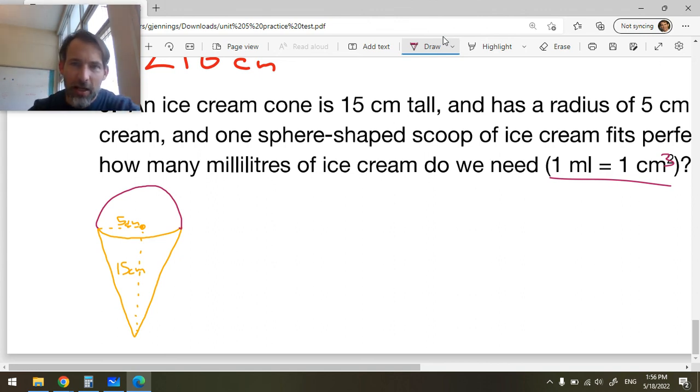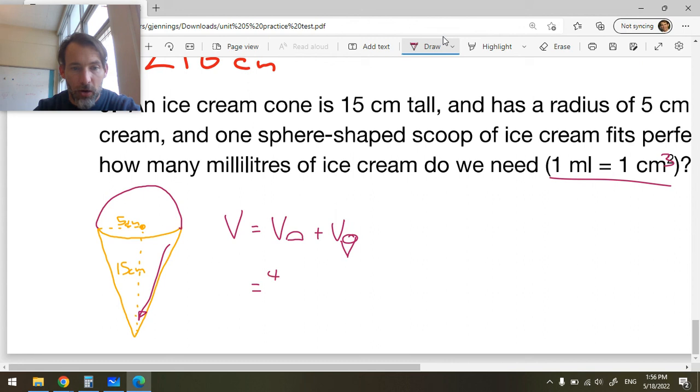Okay, then we're going to say that the volume of the total ice cream that's needed to fill the cone all the way to the bottom and also fill a semicircular scoop on top is going to be equal to the volume of half of a sphere plus the volume of the cone. So let's put in our formulas.